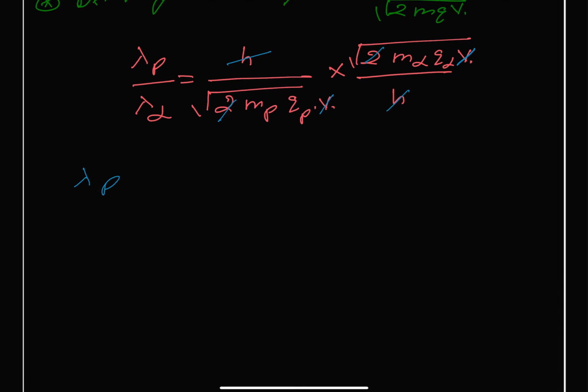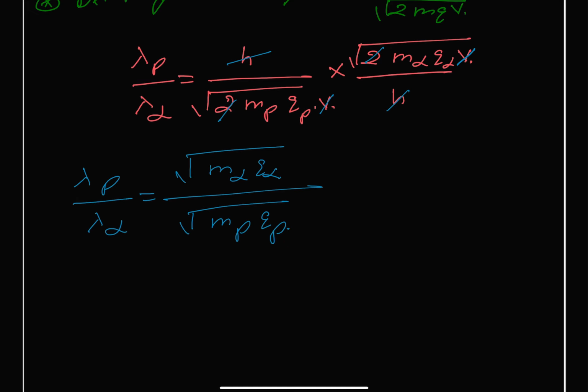So we get lambda of p upon lambda of alpha is equal to square root of m alpha q alpha divided by square root of m proton q proton. And let us suppose the mass of proton is mp. So mass of alpha will be equal to 4 times mp.